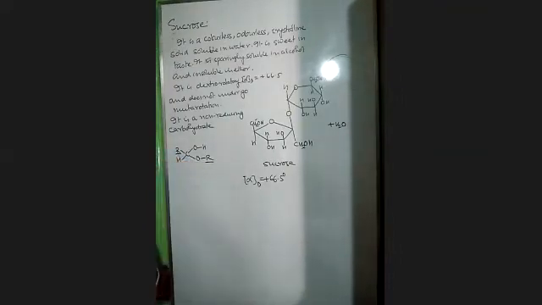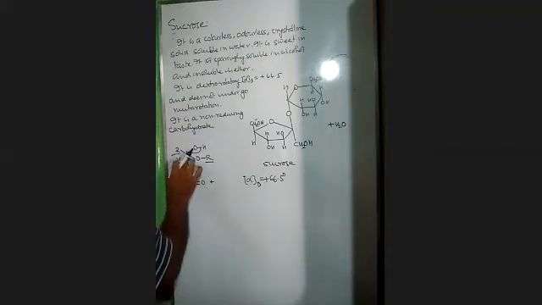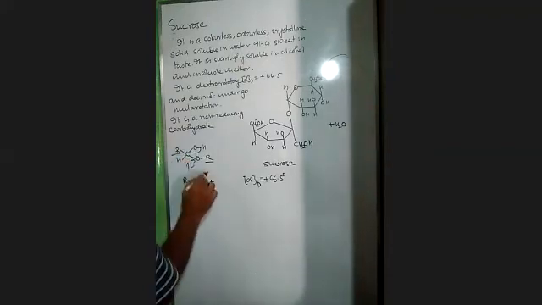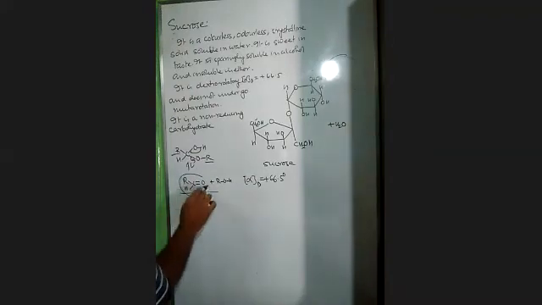Hemiacetal means it will come out and you will get here R C H, and here R O H. This is called hemiacetal. And then you get free radical.